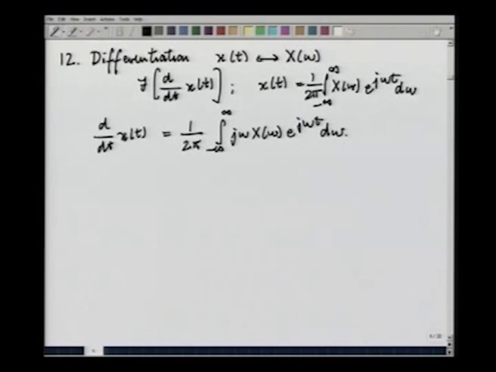in form, this expression is simply the Fourier transform of this quantity. That is to say, we can now claim that this is just the inverse Fourier transform of this quantity, and so we can say that the Fourier transform of d by dt of x t equals j omega X omega.